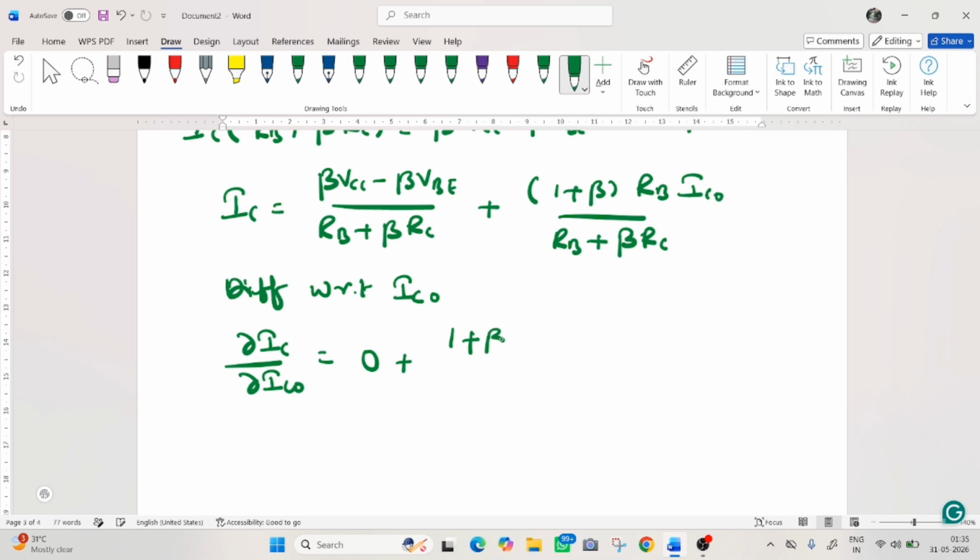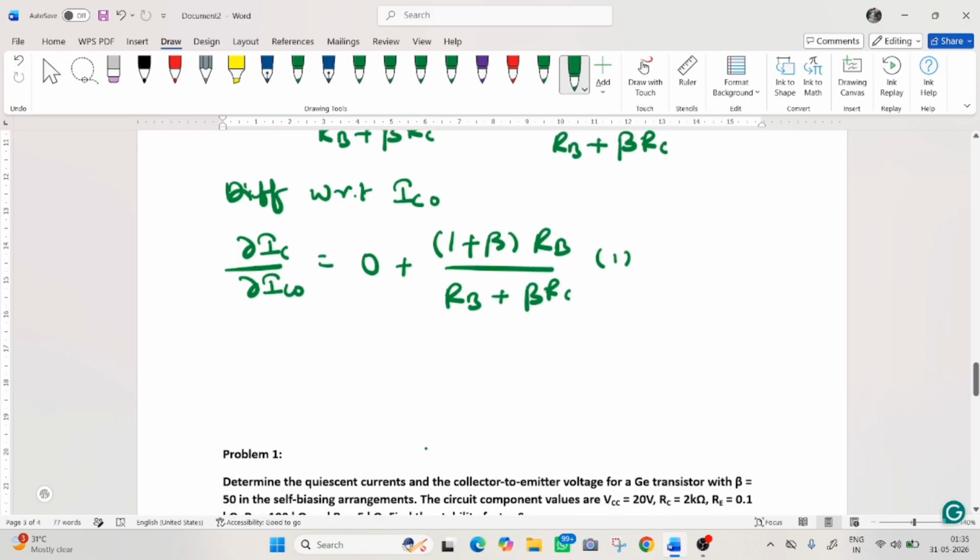So I am left with (1 plus beta) times RB divided by (RB plus beta times RC) into 1. Now this is the stability factor. The stability factor, dIC by dICO, will be equal to (1 plus beta) times RB by (RB plus beta times RC).